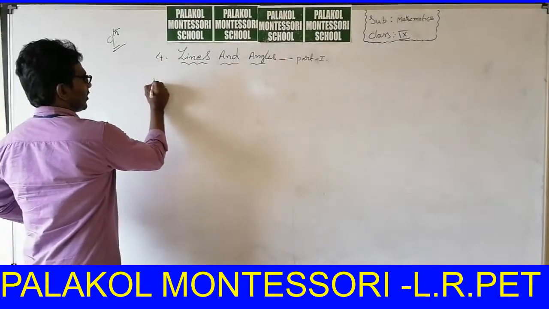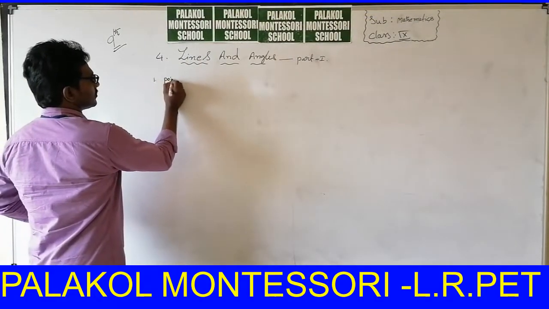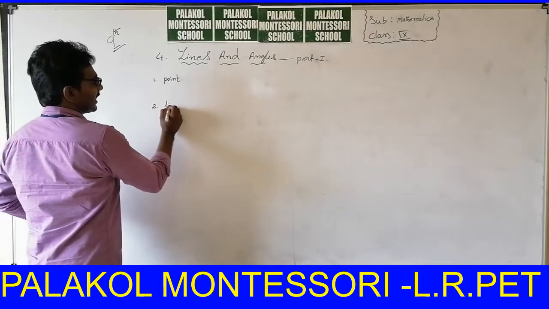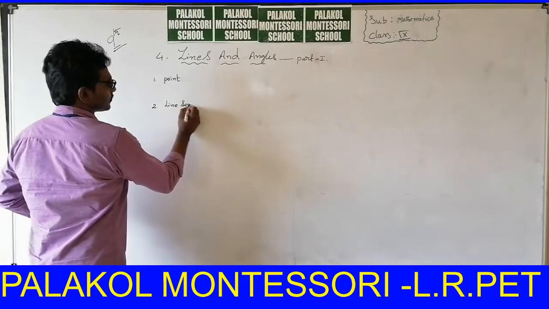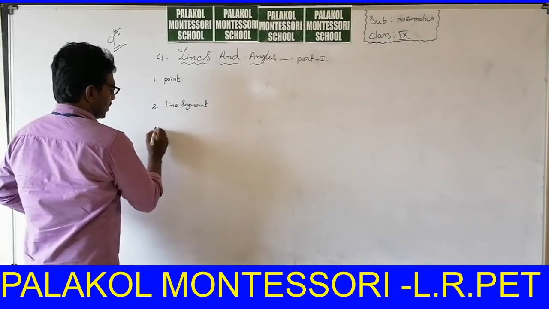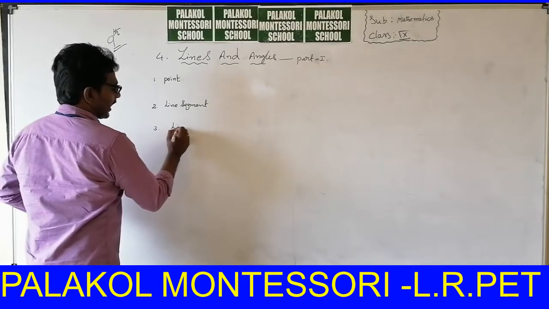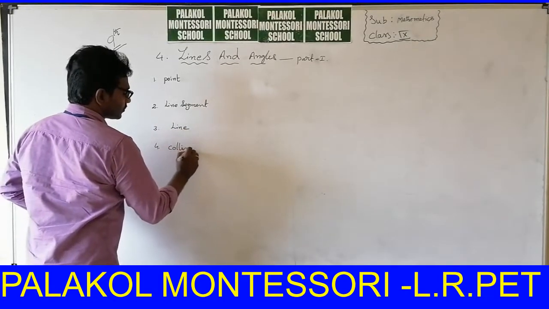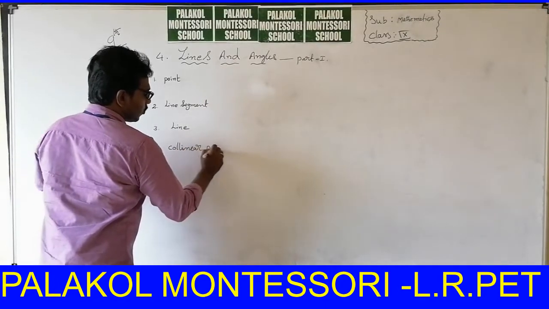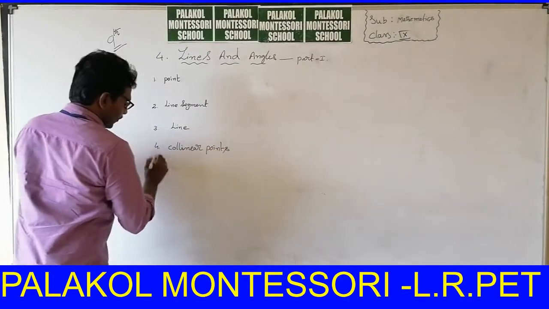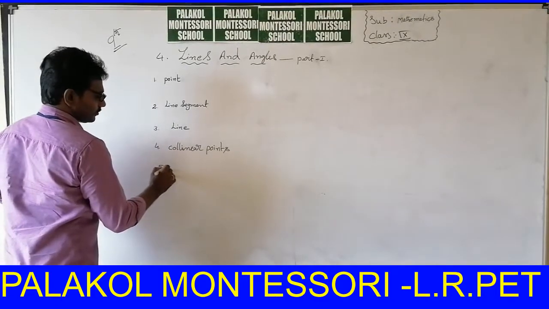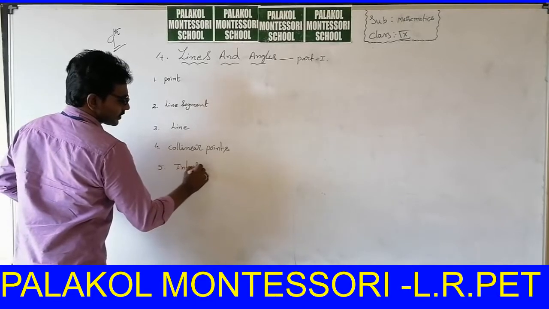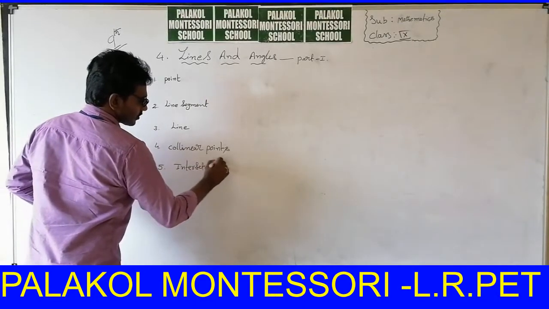First one is a point. Second one is a line segment. Third one is a line. Fourth one is collinear points. Fifth one is intersecting lines.